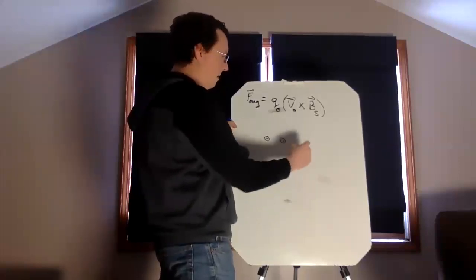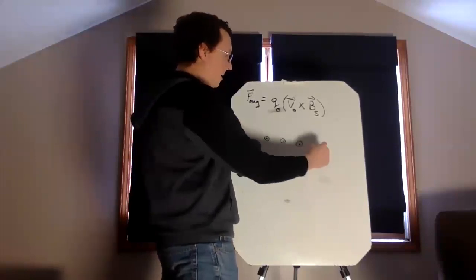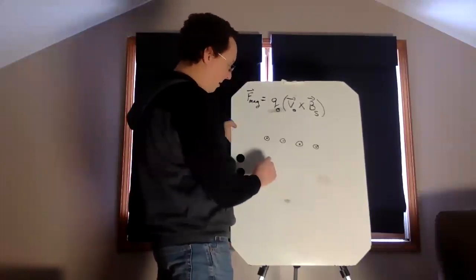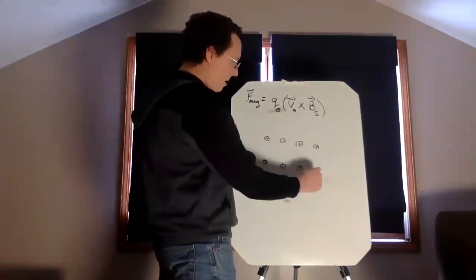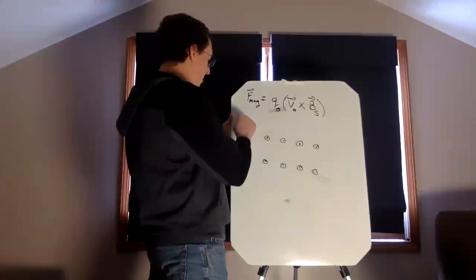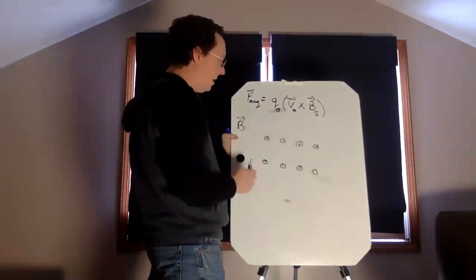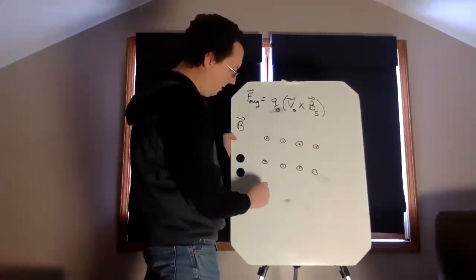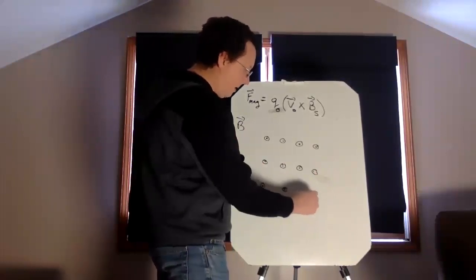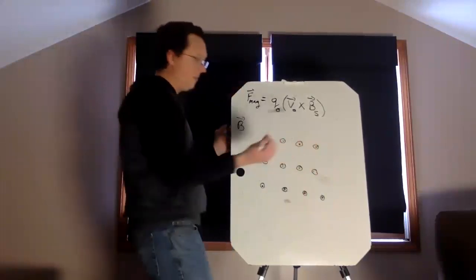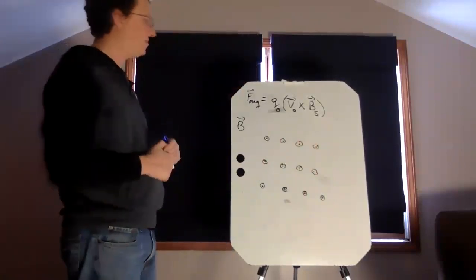And remember, into your eye is like an arrow tip coming into your eye. And we're going to take the magnetic field, which is in black, to be uniform, evenly spaced, so the strength is the same. They're all parallel and evenly spaced field lines. So the magnetic field is into your eye.